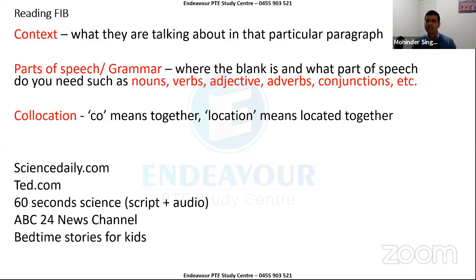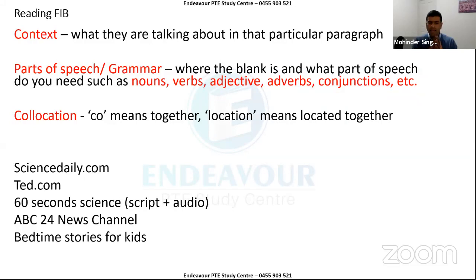Within the sentences, there would be subject, verb, object and other words. And then the components of grammar, you would have nouns, verbs, adjectives, adverbs, conjunctions, and these are all 8 parts of speech. So if you identify which part of speech you're going to need there, at least you will be able to narrow down your choices of the given options. This is why parts of speech knowledge helps here.